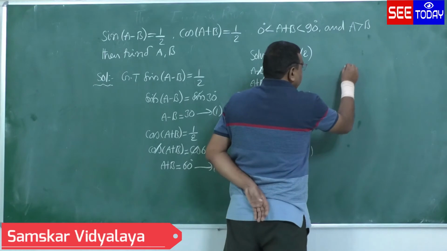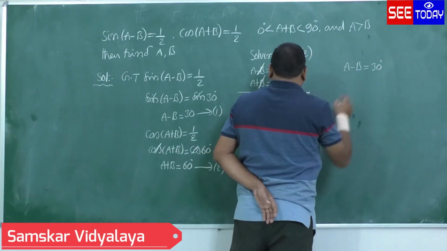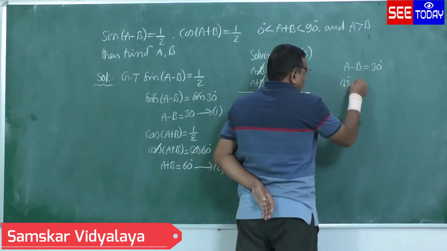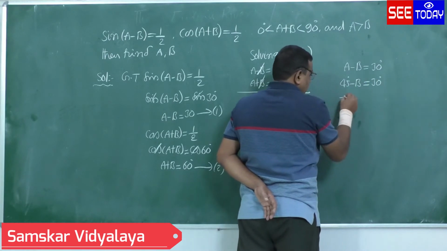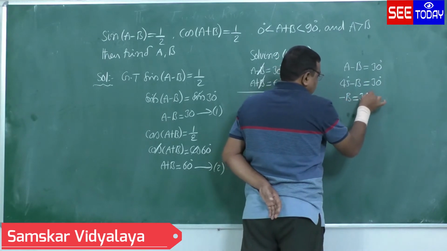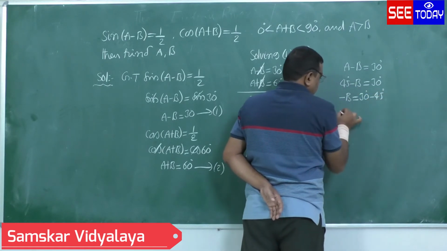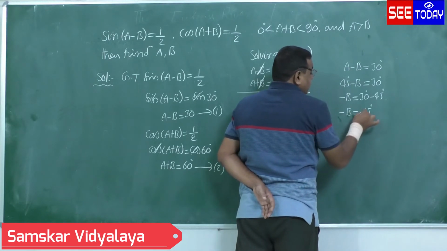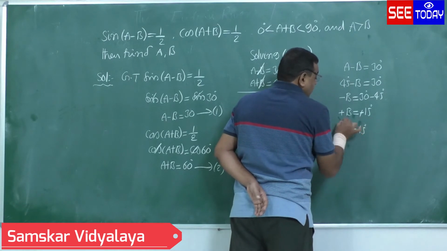The value of A is equal to 45. 45 minus B is equal to 30 degrees. Minus B is equal to 30 minus 45, that is minus 15 degrees. Minus minus cancel. B is equal to 15 degrees.